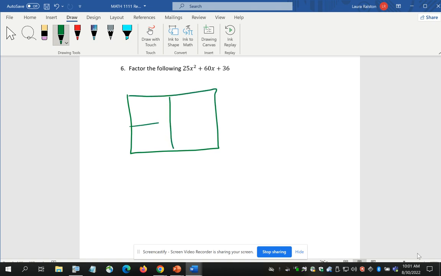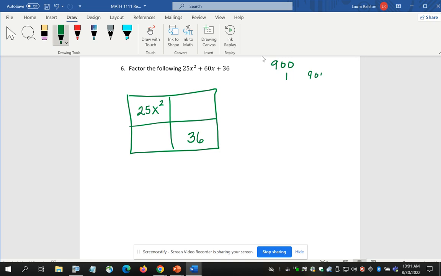So I start with a box. The first term goes in the upper left, so 25x squared. The constant, or the last term, goes in the lower right. And then I'm going to multiply those numbers together. So 25x squared times 36 gives me 900x squared. So then I need to list out all of the numbers that multiply together to give me 900.